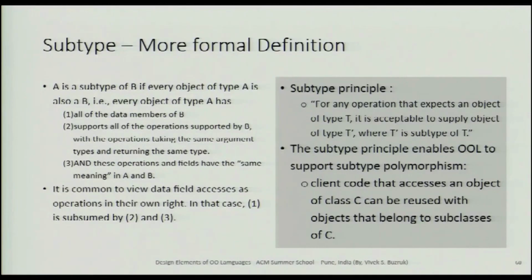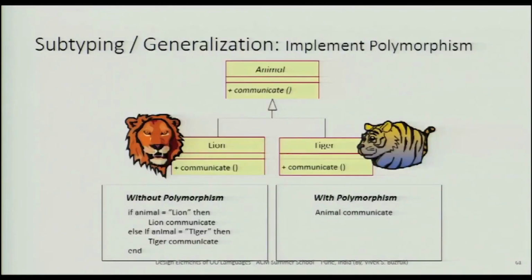Let us take something slightly interesting now, so that you can at least relax from the hard part. Let us take a simple example that you might have seen many times: animal is a class and lion is a subclass. Whenever we say communicate, what happens if we do not have polymorphism?